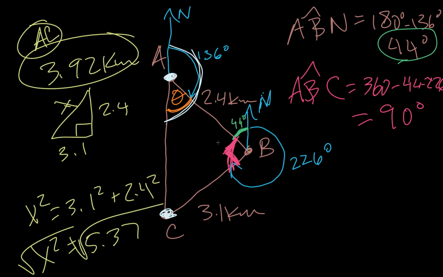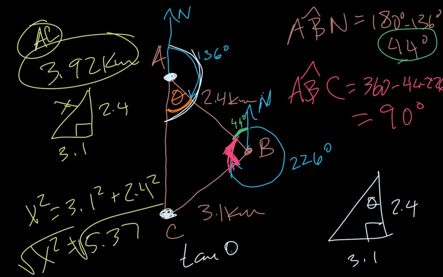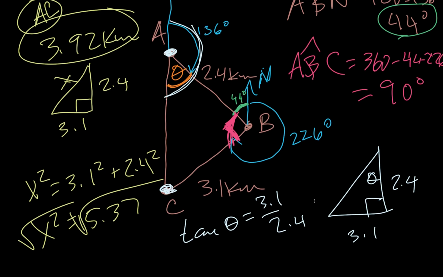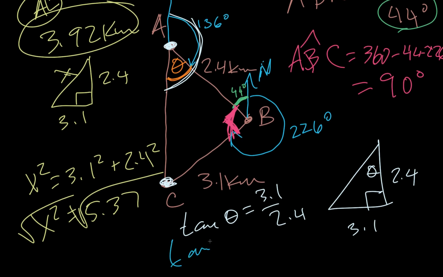And so to do that, we can just use right angle trig. Once again, we have a right triangle. This is 2.4, this is 3.1, this is theta. Opposite adjacent means tangent. So tangent theta equals opposite over adjacent. We do the inverse tangent of both sides. Theta equals the inverse tangent of 3.1 over 2.4.